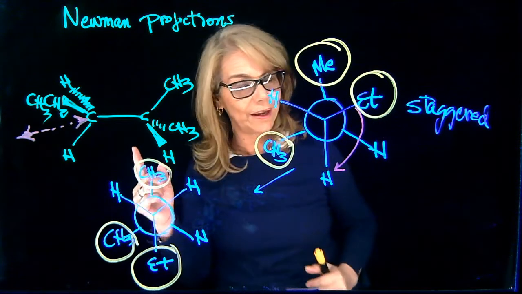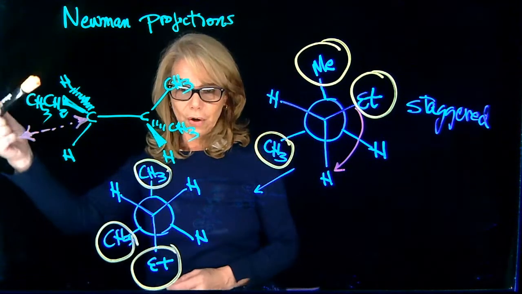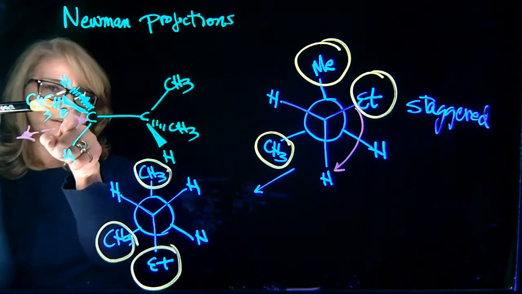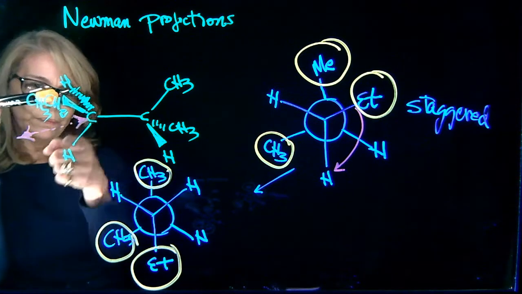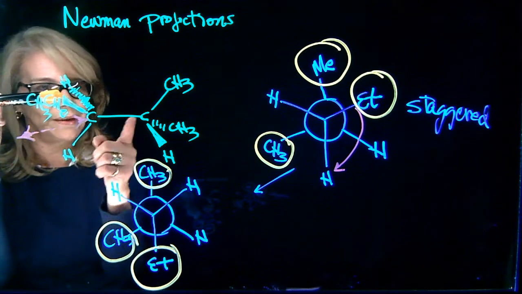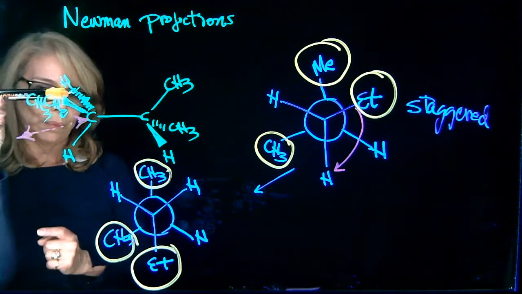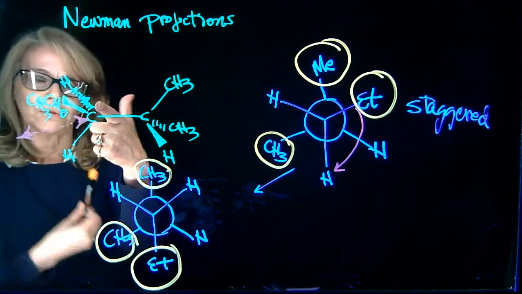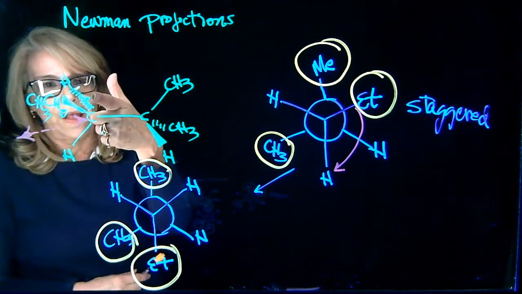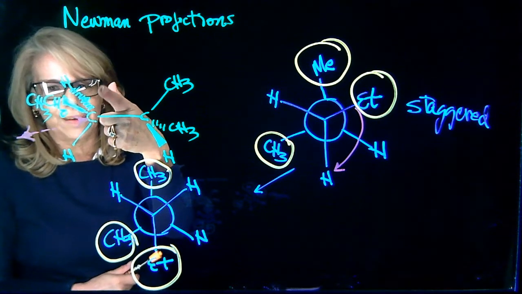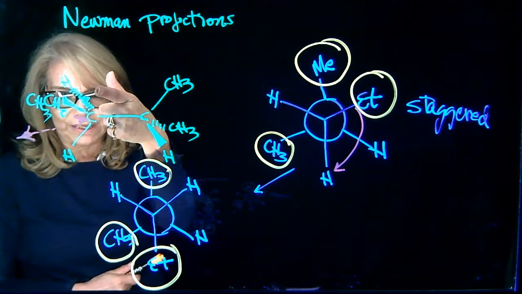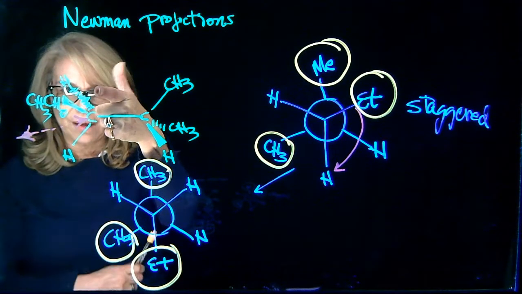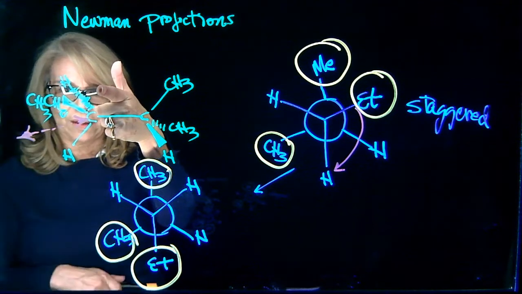So the first idea in this picture is to be able to draw looking from a certain angle. Whatever you see here, on the plane, is either going to be down or up in the case of the carbon in the back. And then place this as your view. You can also do this with your fingers. Notice that if my index finger is pointing toward the screen, I'm going to say that is a dash, and my thumb representing the ethyl group is on the wedge.